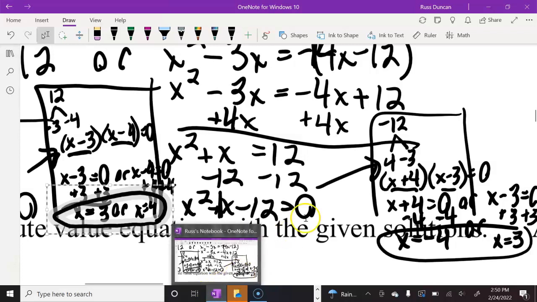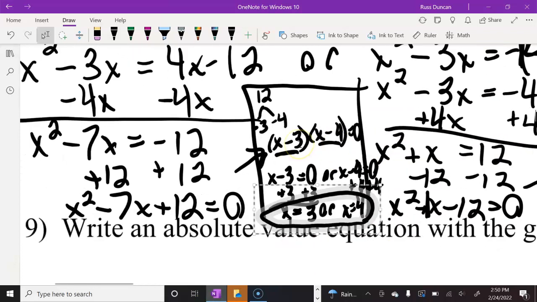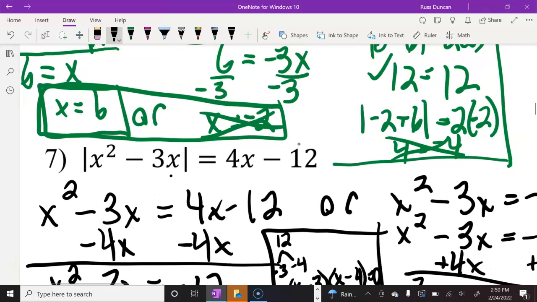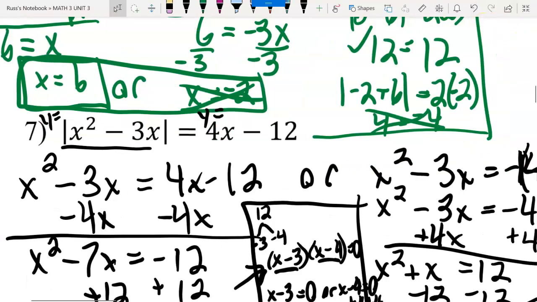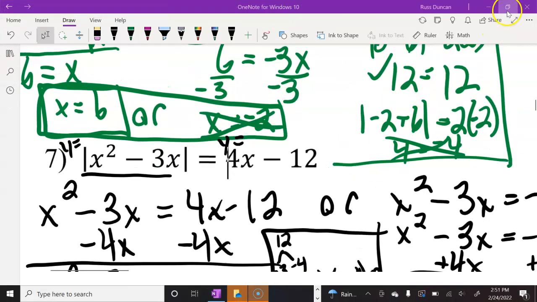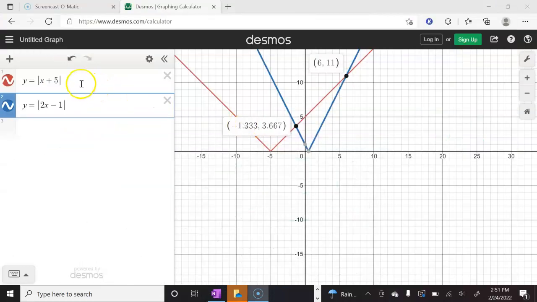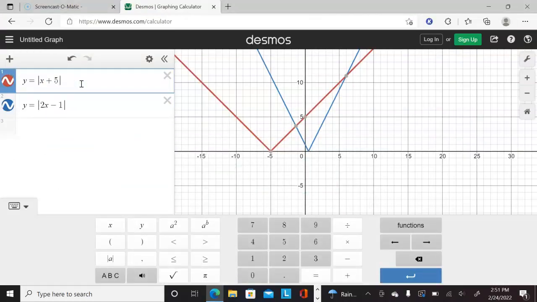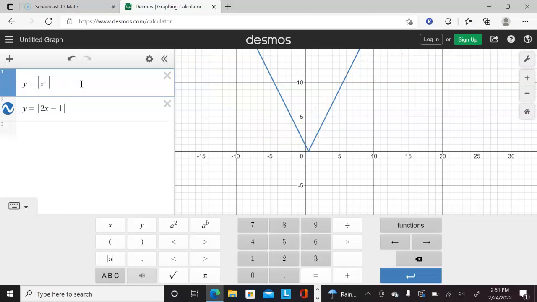So I'm going to put both sides of the original, the crazy equation, as y equals, and let's see. Now here's why. It could still be 3 solutions. It could. So let's look. So y equals absolute value x squared minus 3x.